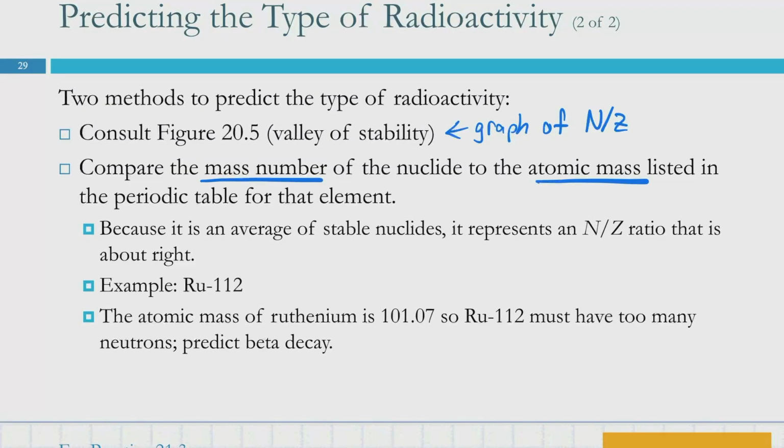And because our atomic mass is the average of our stable nuclides, that's about an N to Z ratio that should be about right. So if we look at our nuclide ruthenium-112, the atomic mass of ruthenium is 101.07.